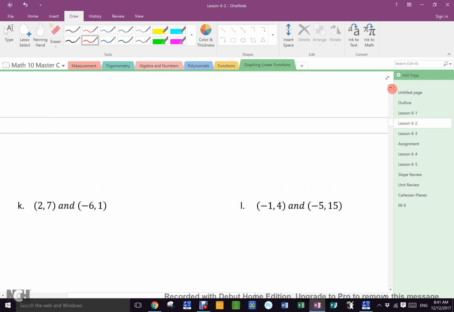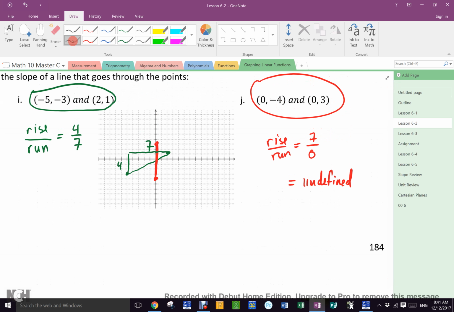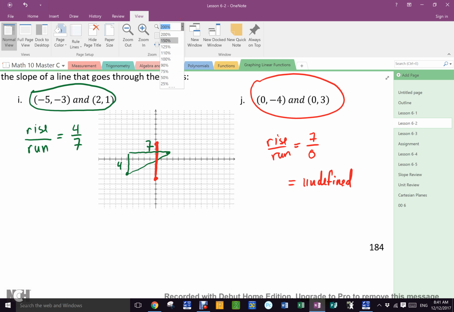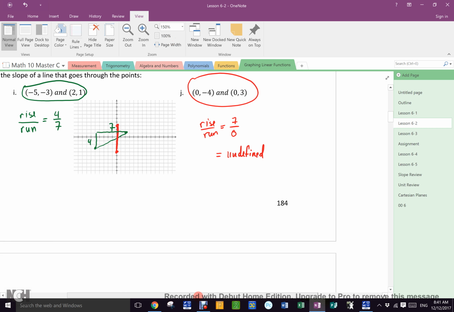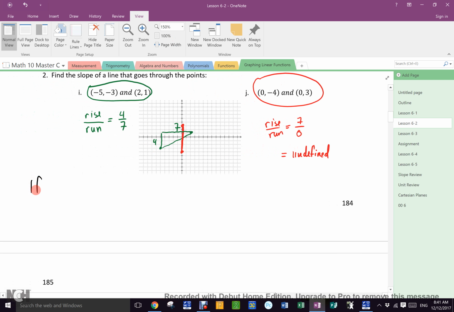So, what is our takeaway on this? What can we say about finding slope if we have a graph? How can I find slope if we have graphed points?